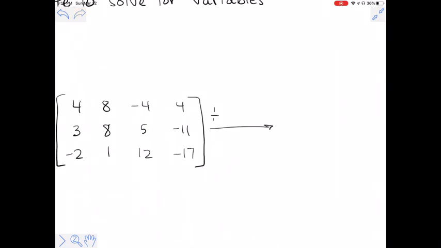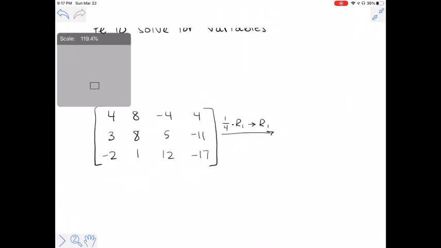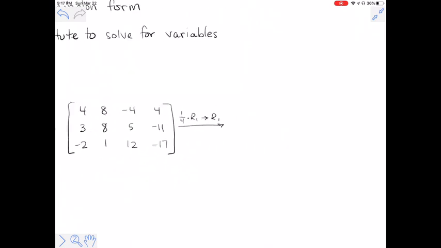I'm going to do 1/4 times row 1, and that's going to produce a new row 1. And then once you've described what row operation you're doing, go ahead and rewrite the matrix after performing that row operation. So what this is doing is going to multiply every entry in row 1 by 1/4. So that makes 1, 2, -1, and 1.